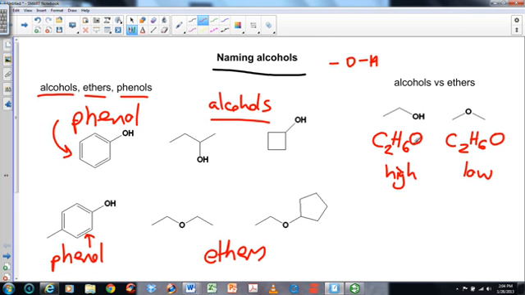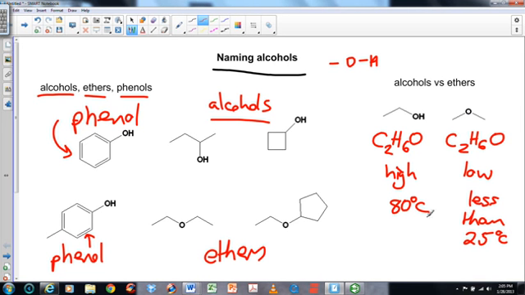The boiling point of ethanol is going to be round about, I don't know if this is exactly right, but it's round about 80 degrees, I think 80 degrees C. The boiling point of this, called dimethyl ether, is going to be less than room temperature, less than 25 degrees C. So notice that even though these two have very similar chemical formulas, their boiling points are way different.